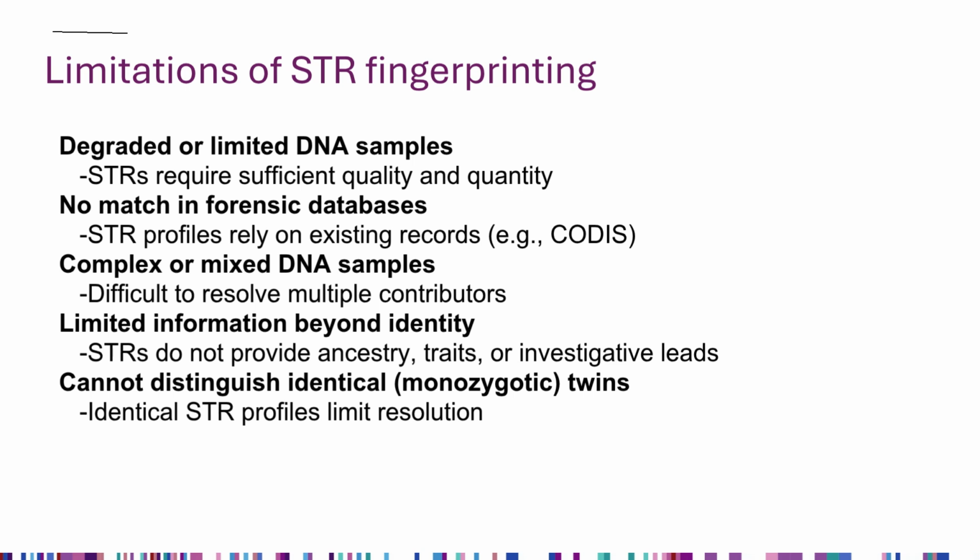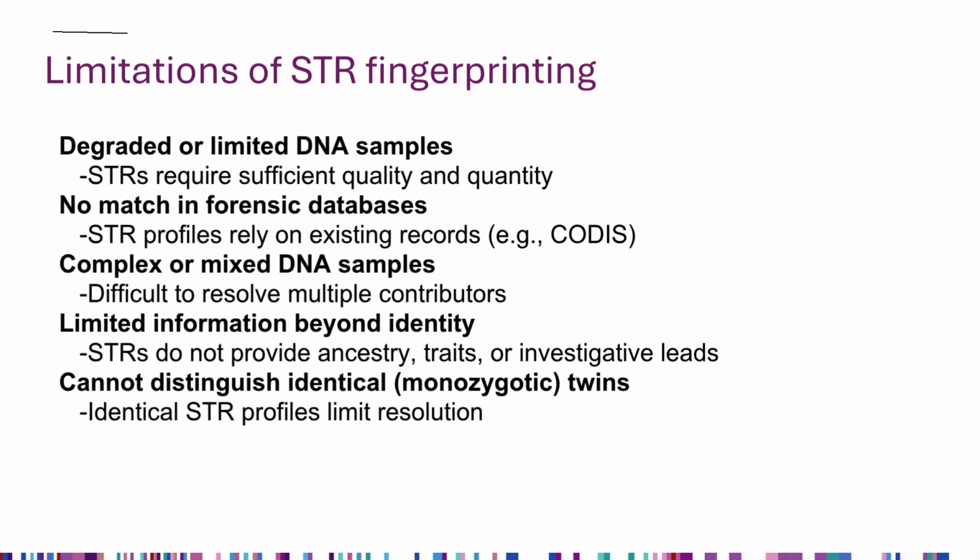While STR profiling has been the gold standard in forensic DNA analysis, it does have some important limitations. It requires relatively good quality DNA. It depends on existing database matches, like we just saw in that case. And it can struggle with complex or mixed samples, meaning if you have multiple people or other environmental DNA mixed in there, it can really muddy the water.